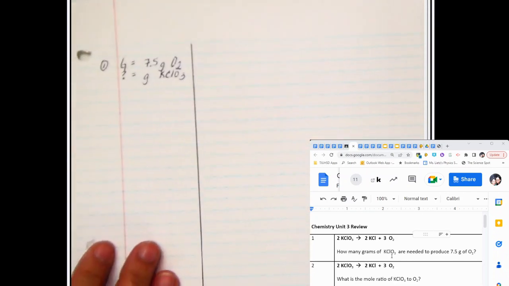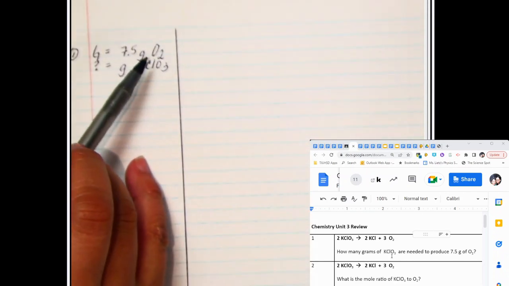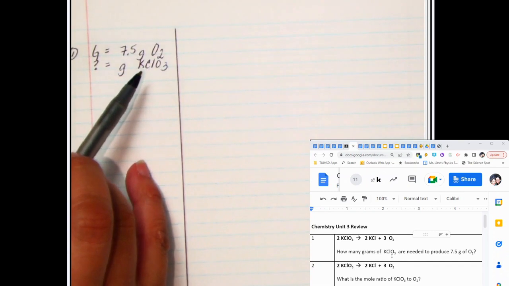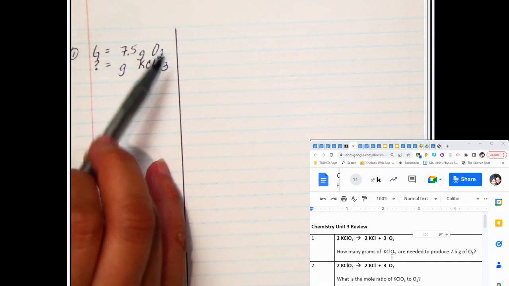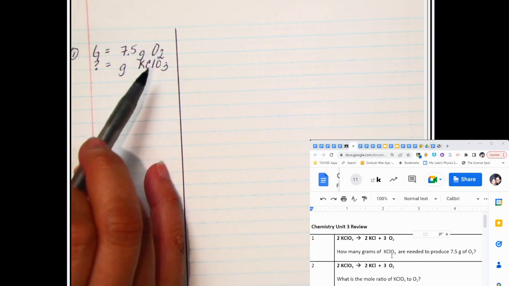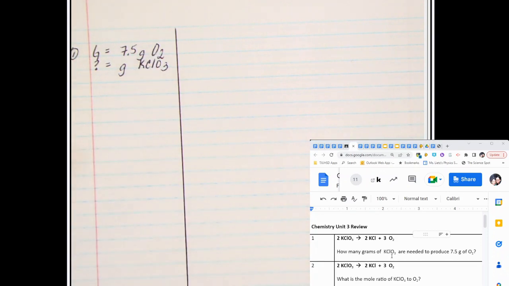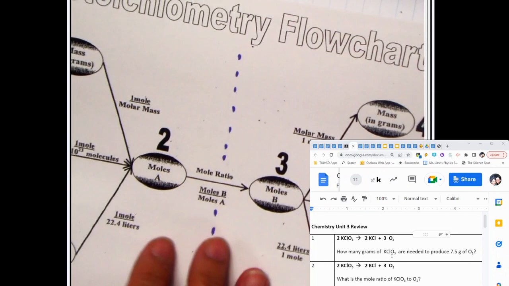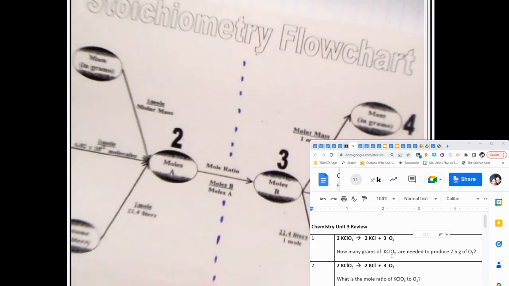Now, we are starting with O2. We are converting to KClO3. Are these two compounds the same? Is O2 the same as KClO3? No, they are different. So since they are different, that means in our chart, we are looking at 2 different sides of our chart, okay?